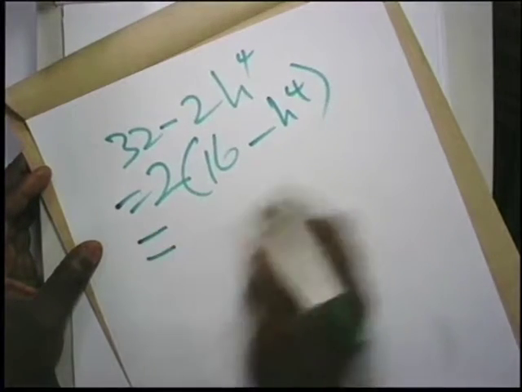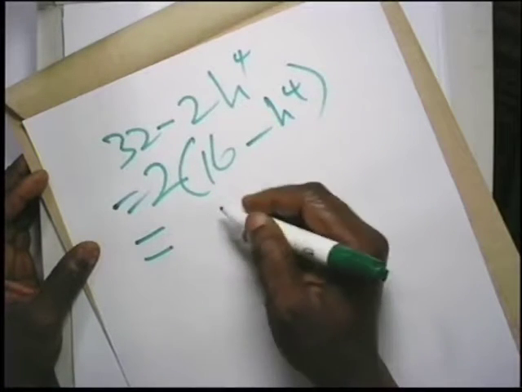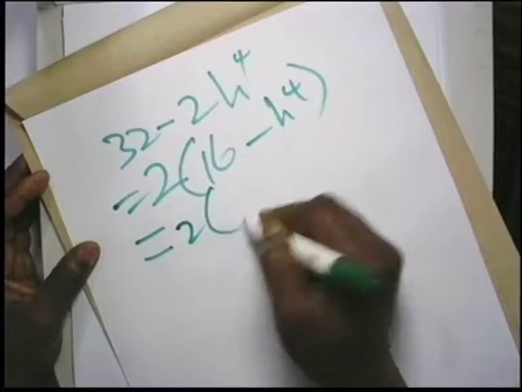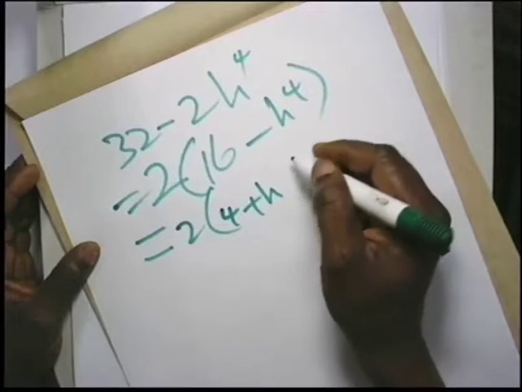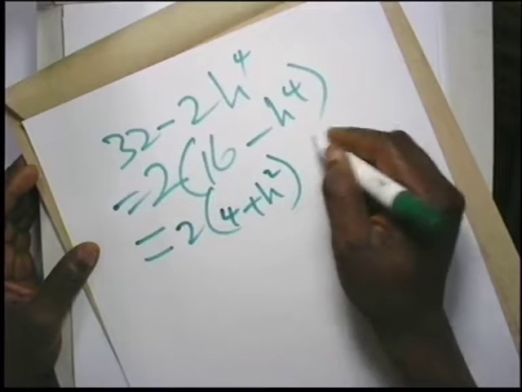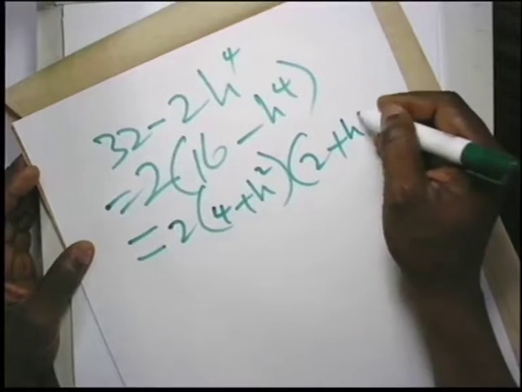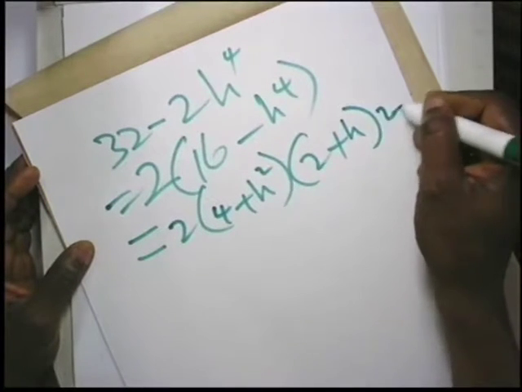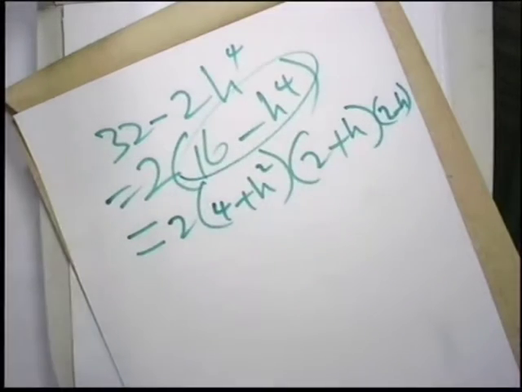That is equal to 2 into bracket 4 plus h, in bracket 2 plus h, in bracket 2 minus h. Don't forget what we are trying to do here.